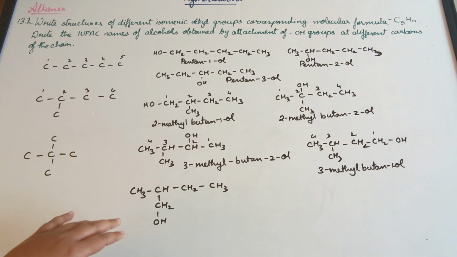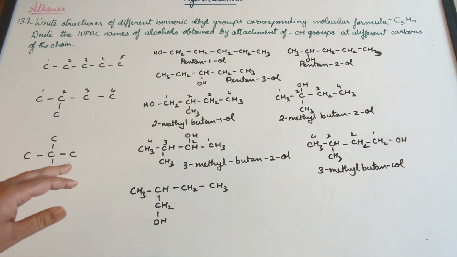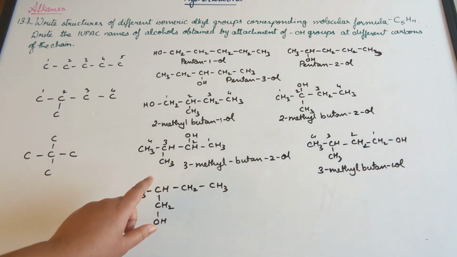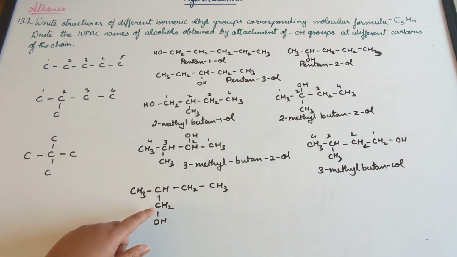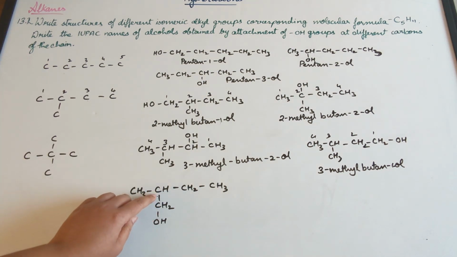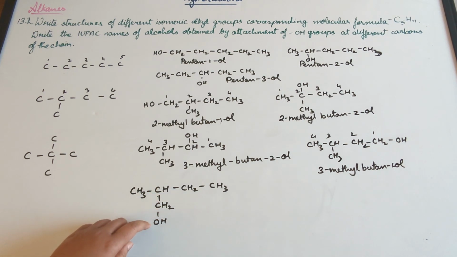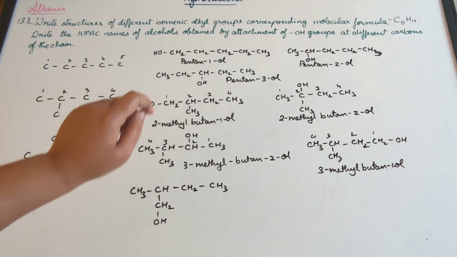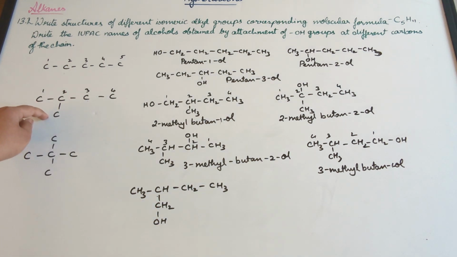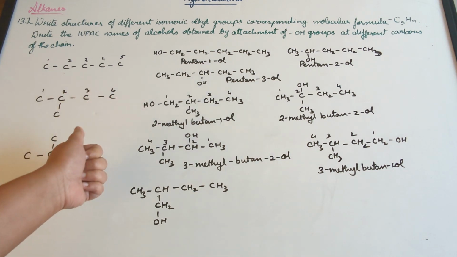So it's going to be butan hydroxybutane, right? No, that's because when we consider the longest chain, we'll be taking this carbon into consideration because it has a functional group attached to it. And so this would basically mean 2-methyl butan 1-ol, which is what we have over here. So because of that, we will not be considering attachment of the OH group to this carbon atom because it gives us the same structure as this one.